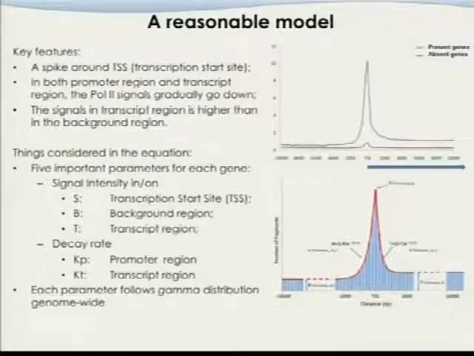The first one is the signal around the transcription starting site, how big this signal is. And then the signals around the background region and in the transcript region. So 3 signal intensities. And also the decay rates. There are 2 decay rates: how fast the signal decays in the promoter region here, and how fast it decays in the transcript region. So these 5 parameters help us to model the entire shape.